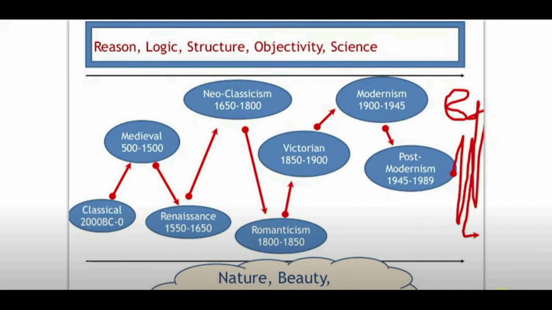So I can argue that there are two major forces that shape the thinking in literary theory throughout the ages. On the one hand, down at the bottom of the page, you can see the words nature and beauty, which had real strong value during the classical era and predominantly during the Renaissance and the Romantic era of the 1800s.